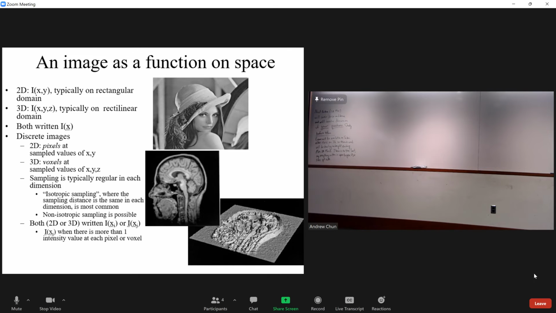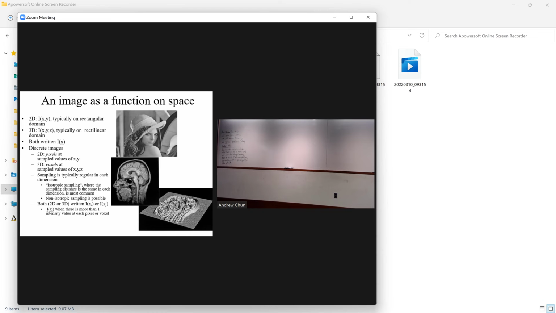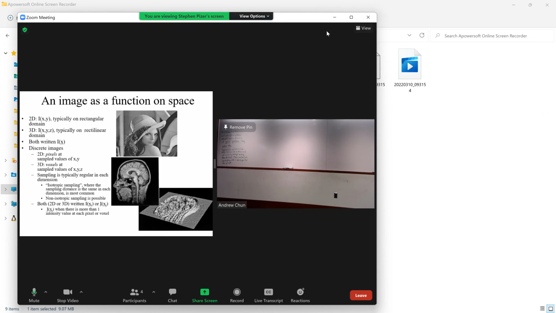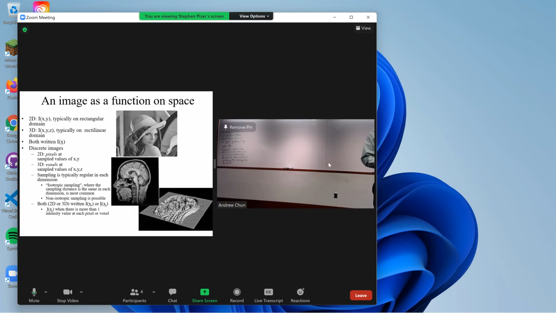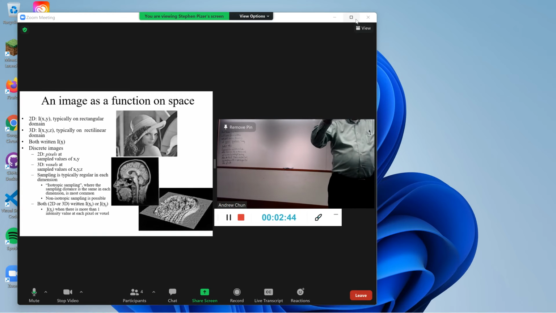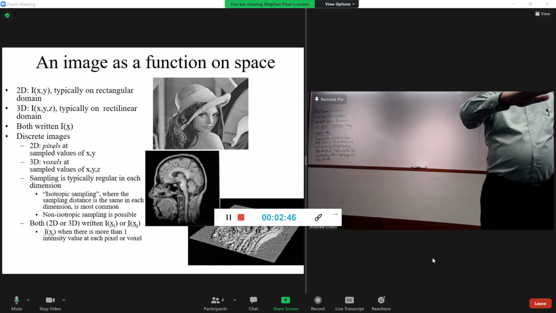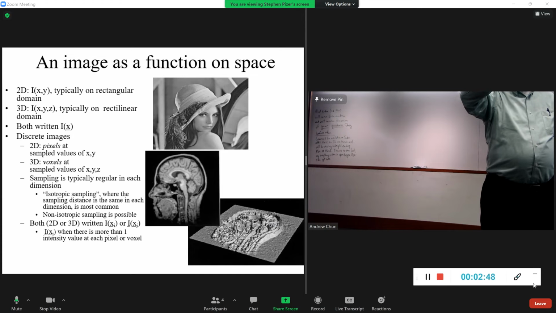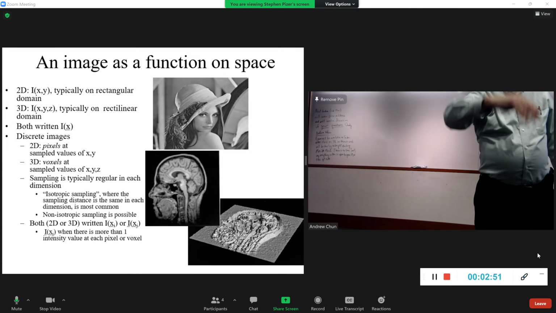It's also possible for the distances, the delta x's, the distance between pixels in one dimension, to be different than in the other dimensions. For quite a number of medical images, that in fact is the case, right? The methods essentially can be understood to make 3D images by a pile of 2D slices. A 2D slice at one depth and another 2D slice at the next depth, and so on, piled up on top of each other.